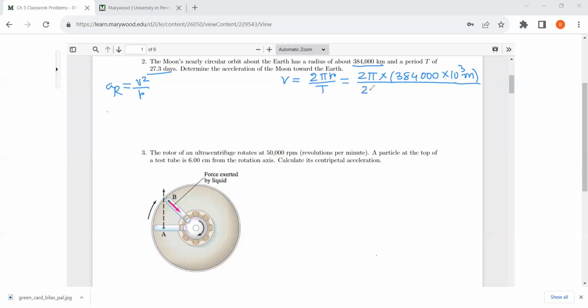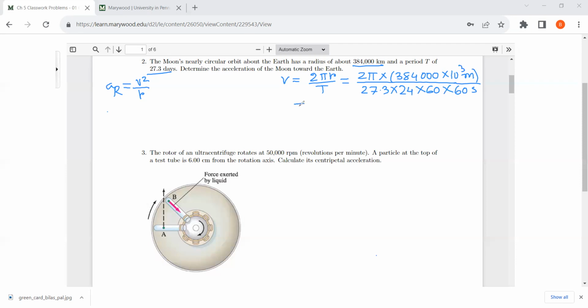Also 27.3 days is not a standard international unit. So day to hour, 24 hours in one day, in 1 hour we have 60 minutes, and in 1 minute we have 60 seconds. We have to find the time in second, so this is the time in second in the denominator.